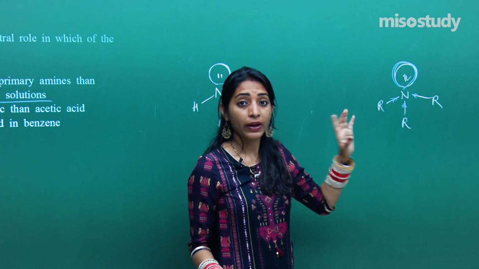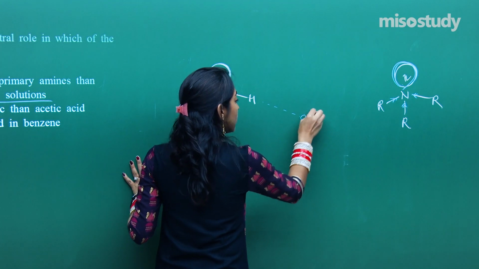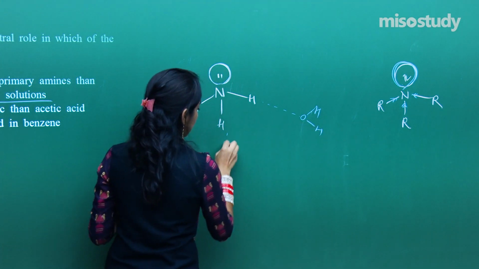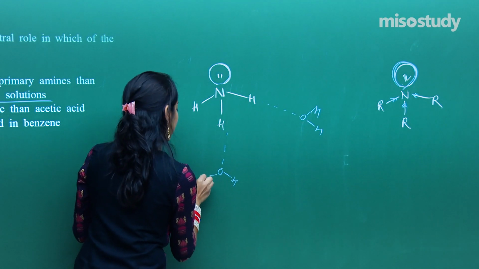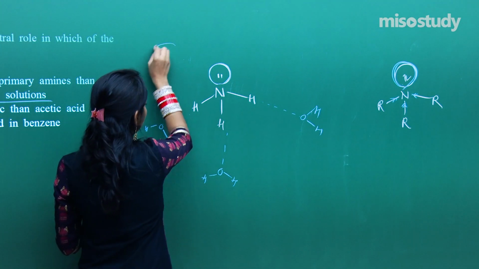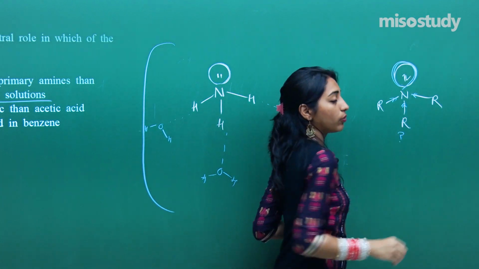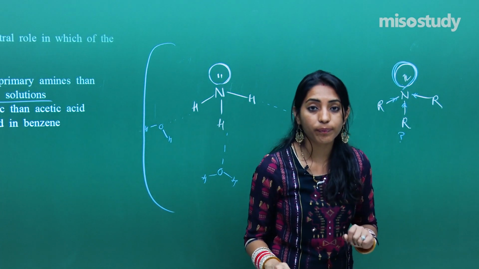So that is the same. But in the aqueous solution, you can consider 3 water molecules will come and surround the ammonium, making it really stable, but there won't be such hydrogen bonding taking place in the tertiary amine, right?